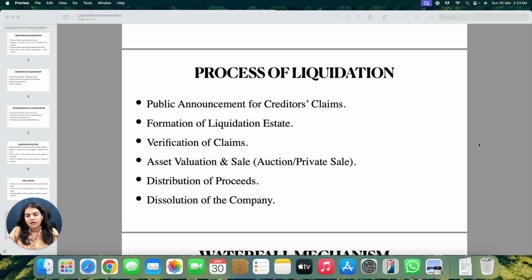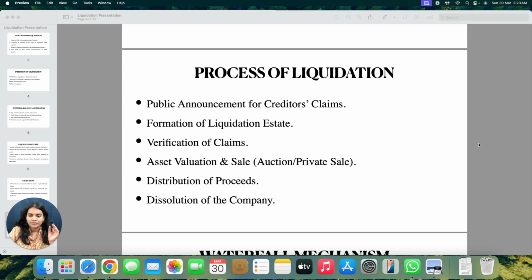So, after the formation of the liquidation estate comes verification of claims. Verification of claims is a very similar process as that under the CIRP process provided in the CIRP regulations, as we've discussed in the CIRP portion of the lecture.